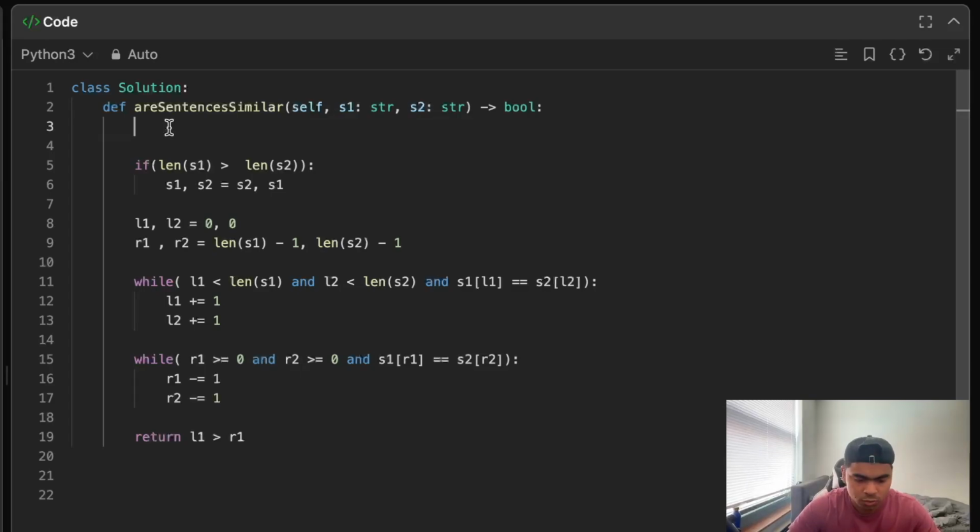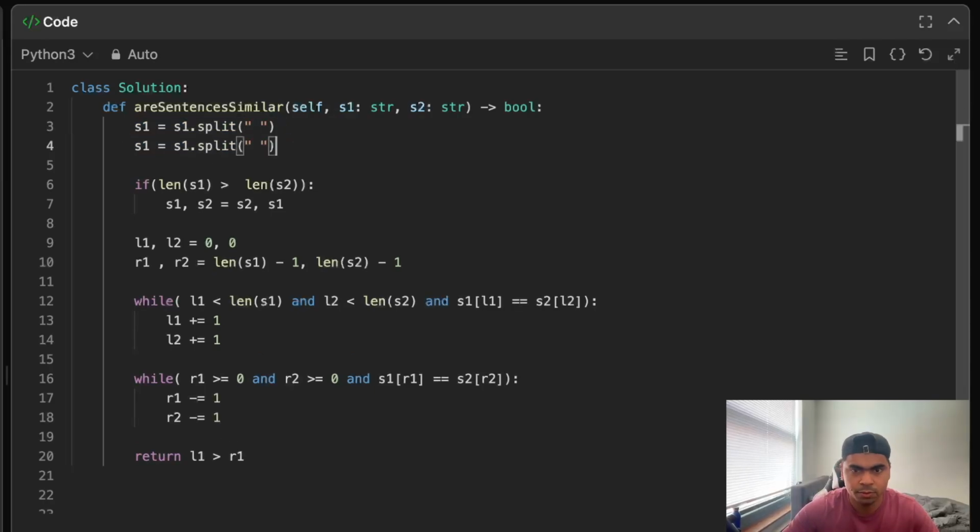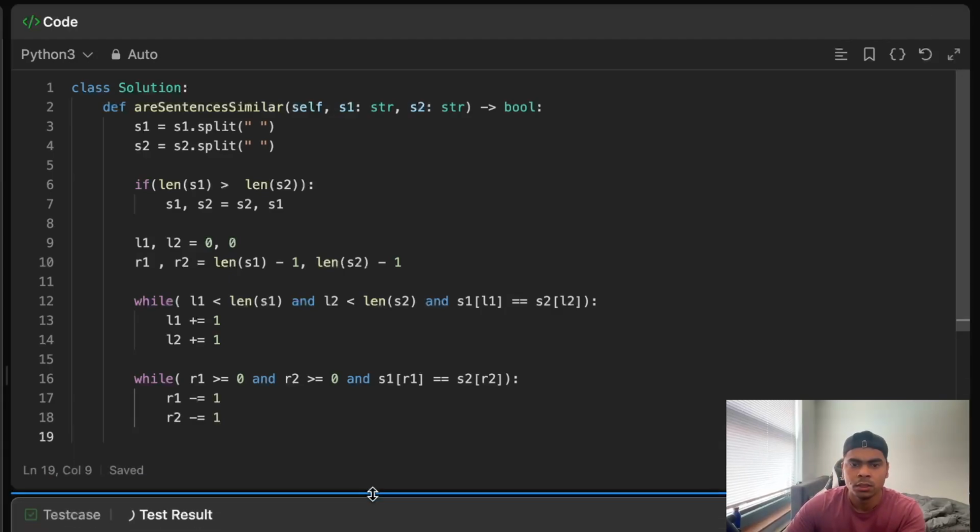So S1 will be S1 dot split, and we split them by space. That was really stupid of me. Same for S2, and I think now it should be all good. Let me run it on the examples.